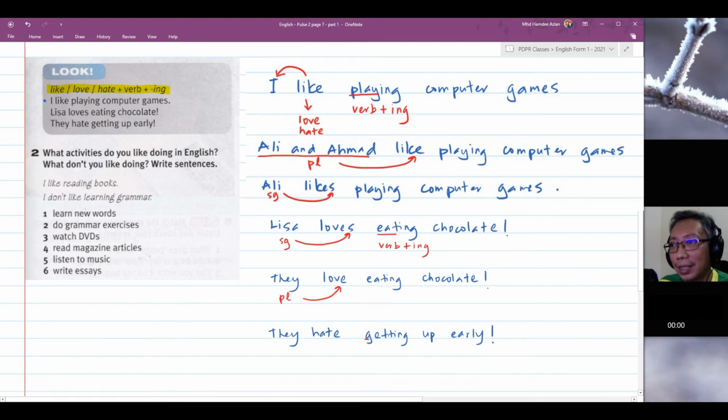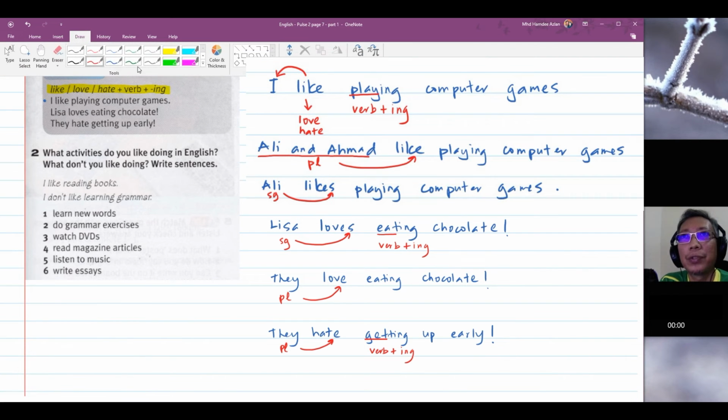Getting, the verb is get, verb plus ing. The subject is they, plural, so you don't have to add S at hate. They hate getting up early.